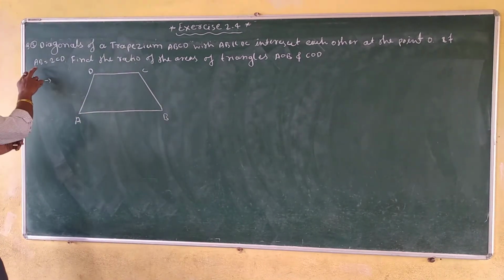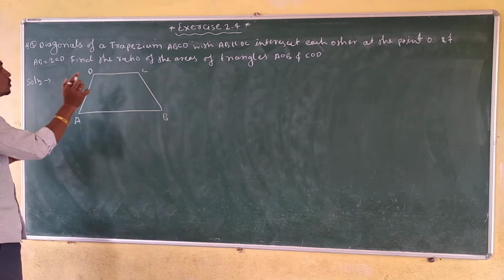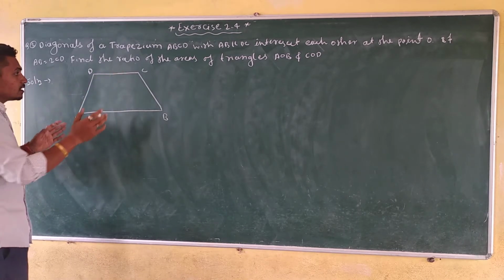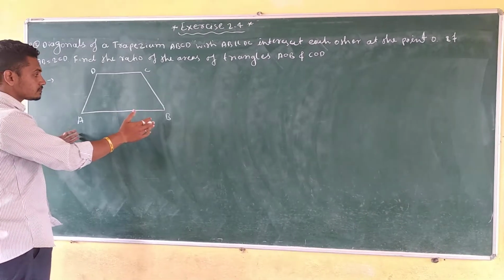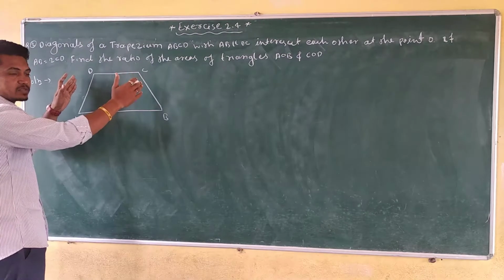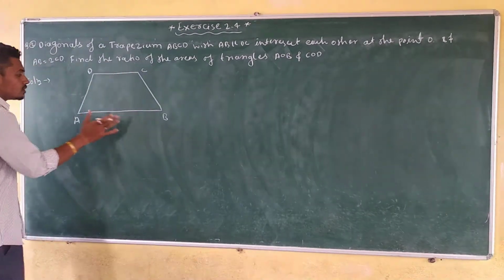Because AB is equal to 2CD, which means AB is greater than CD. CD is 2 times smaller than AB. So that's why we have to draw it like that.